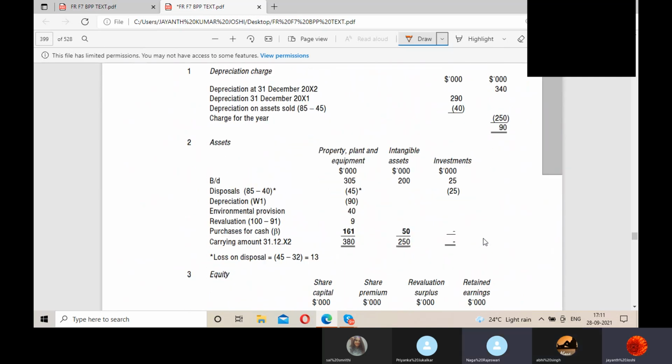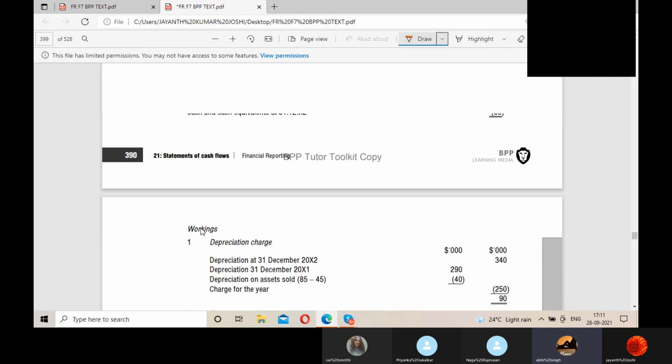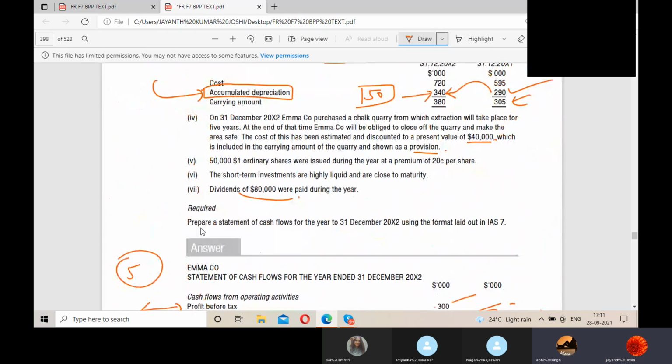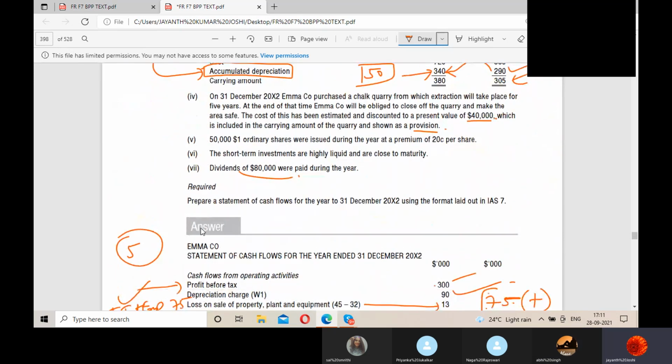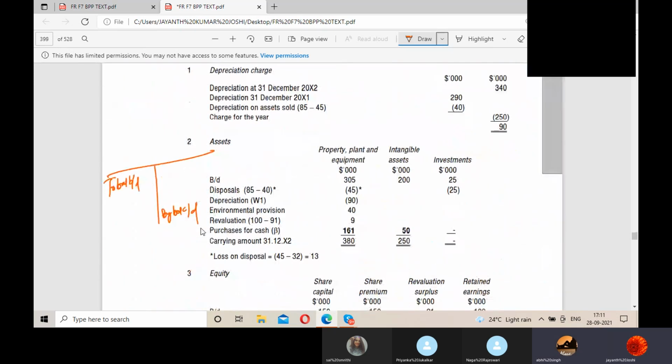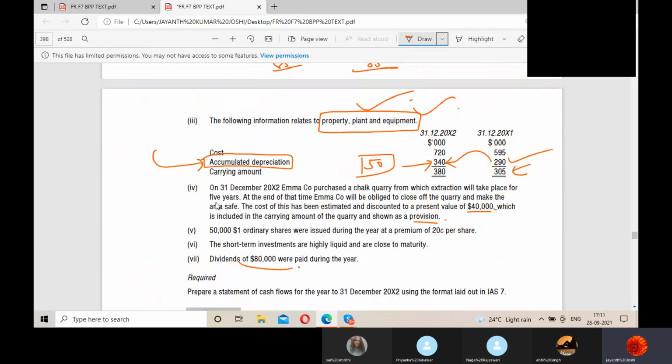See your balance brought down. So your asset is of how much? 305 and ending balance is 380. Yes, sir. I've written the correct thing.